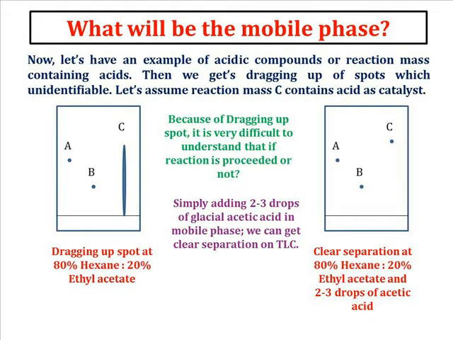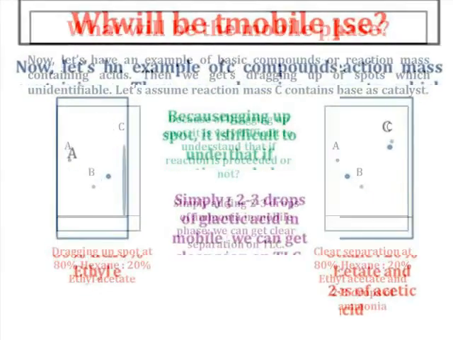So in this case, you just add 2 to 3 drops of glacial acetic acid into your mobile phase and then run your TLC. You will get a clear spot for your acidic compound.